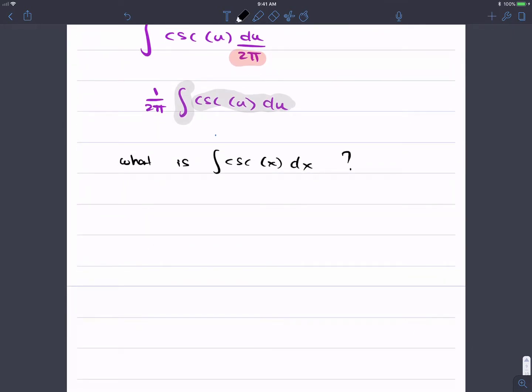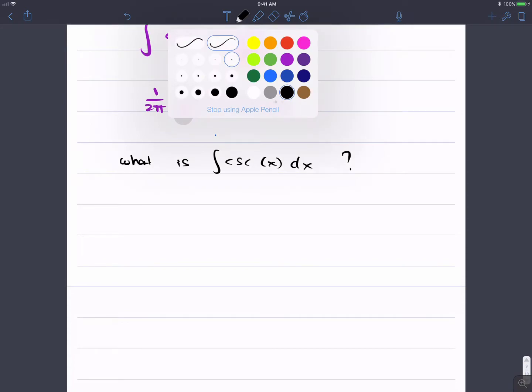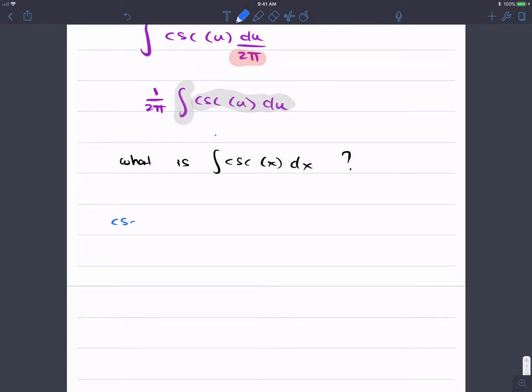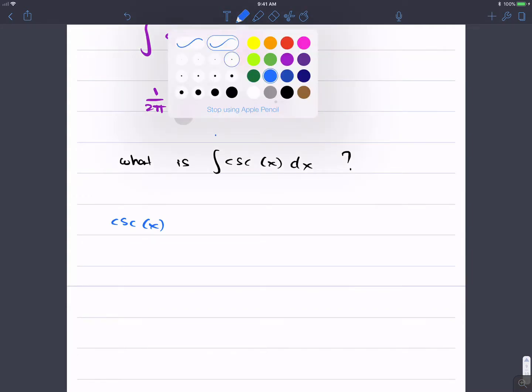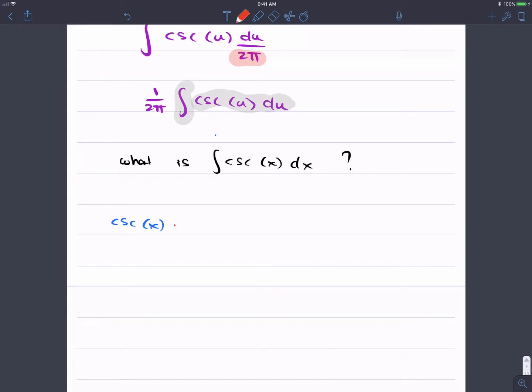Now, how you find this integral is very similar to how we integrated secant, but this is the integral of cosecant. This time, we're going to multiply cosecant by cosecant plus cotangent over cosecant plus cotangent here. Now notice in red, this whole fraction really is the value 1 because anything divided by itself is 1.